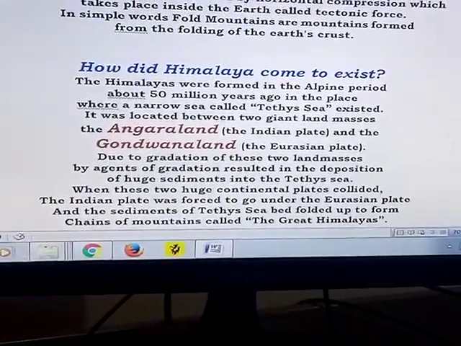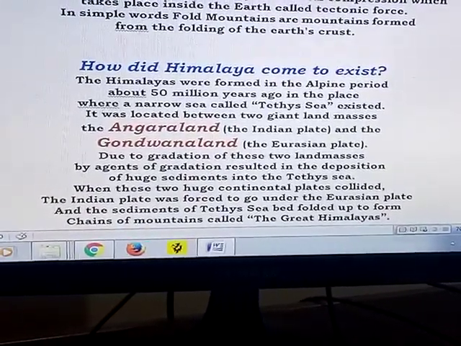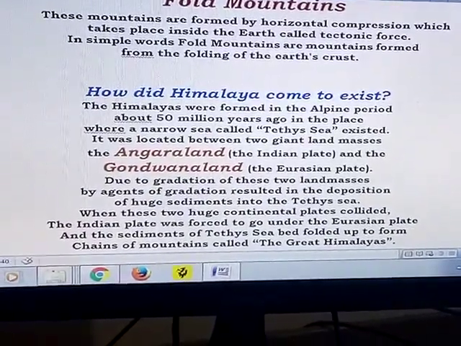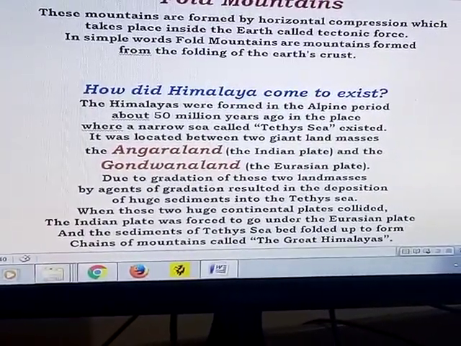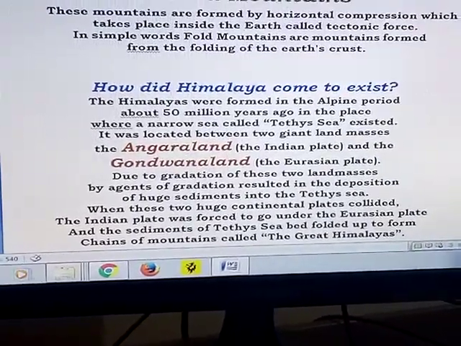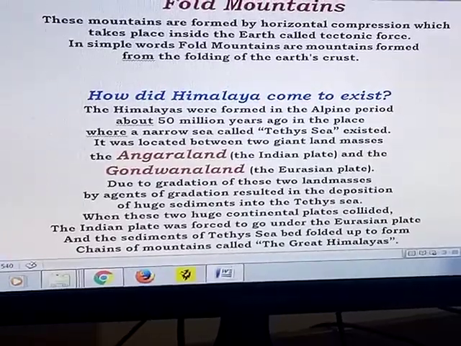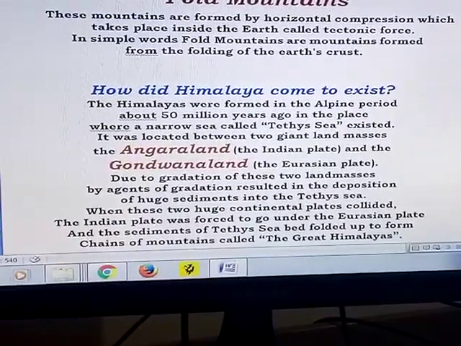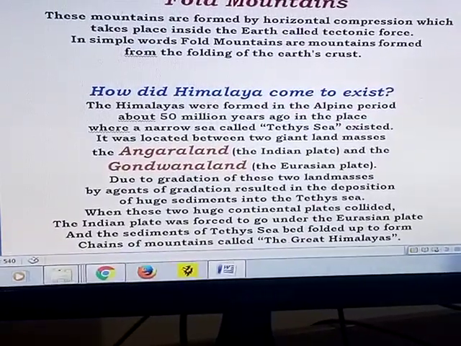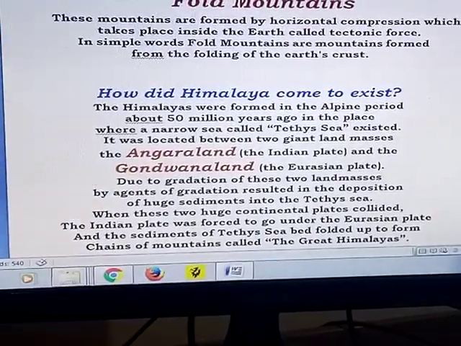Now this sea, Tethys, was located between two huge plates. One is called the Angara land, that is the Indian part, and the other one is called the Gondwana land, the Eurasian plate, Europe and Asia together. Imagine the entire Europe and Asia, the entire India. These were two plates.